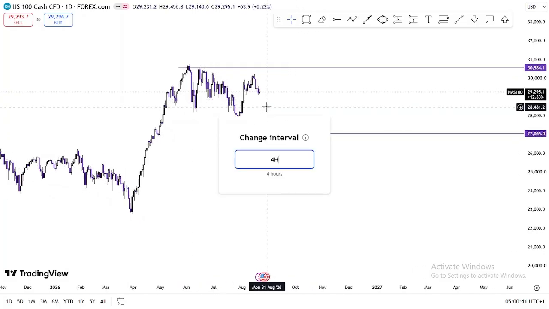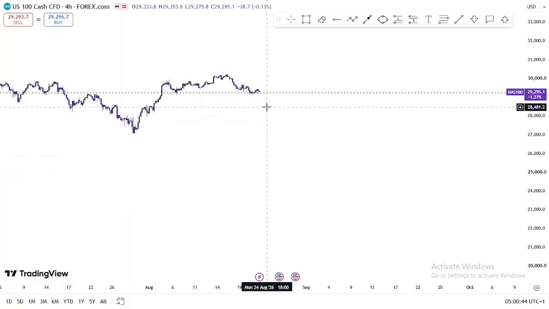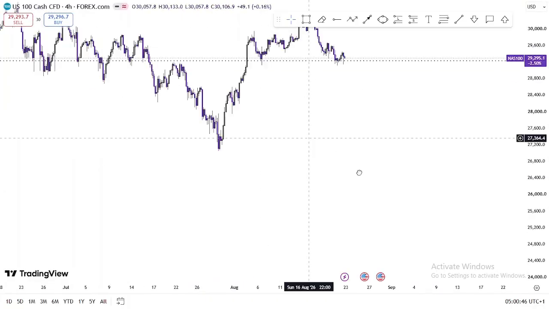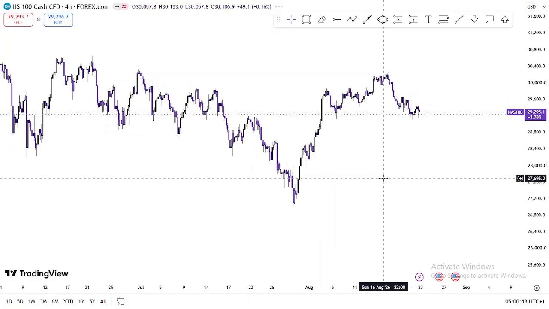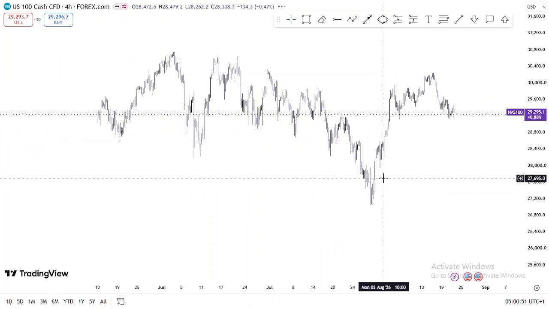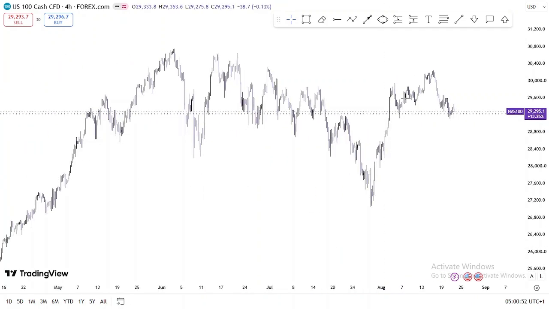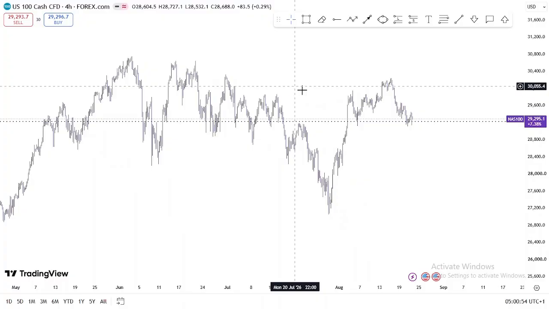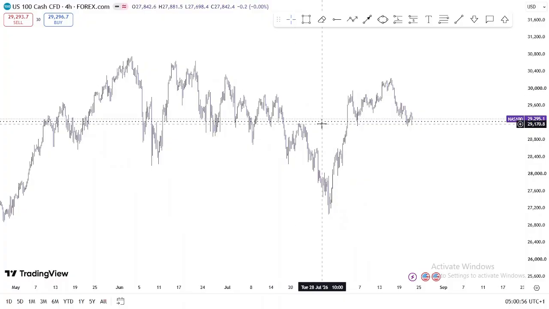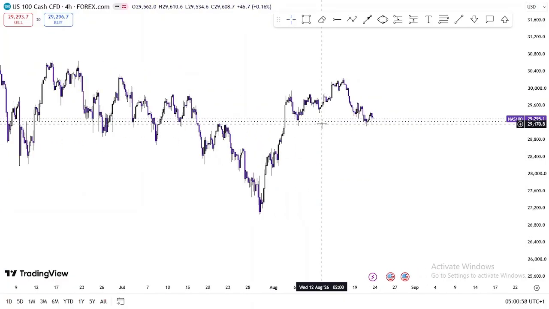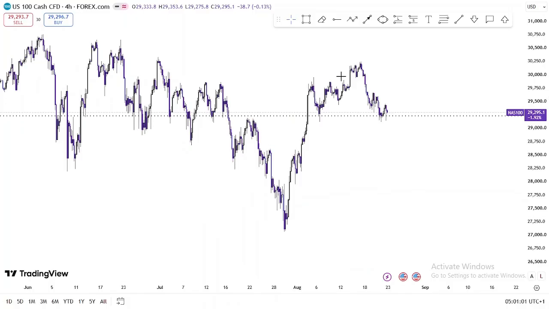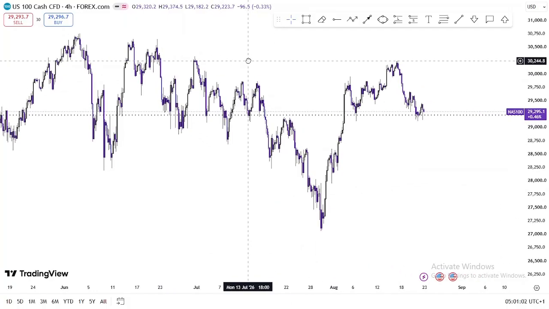So on the 4H, let's see, potentially there's a clearer picture. The 4H not so much. So you can see in real time I am struggling to find the best way to go about the US 100.